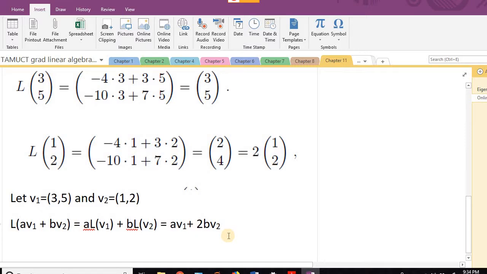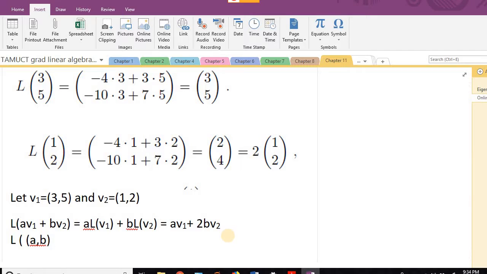So what this is saying is that L operating on the vector (A, B), in the V1, V2 basis, is equal to (A, 2B), also in the V1, V2 basis.